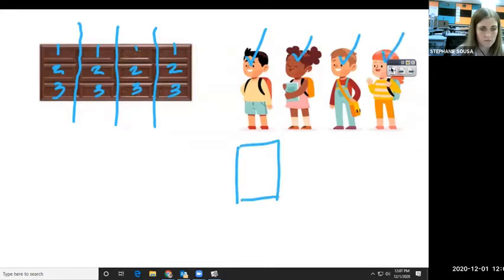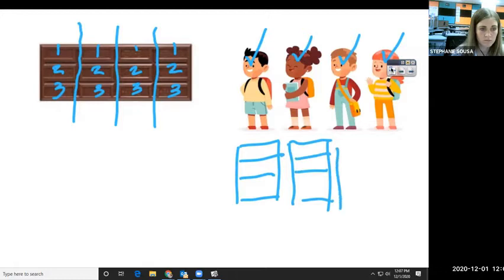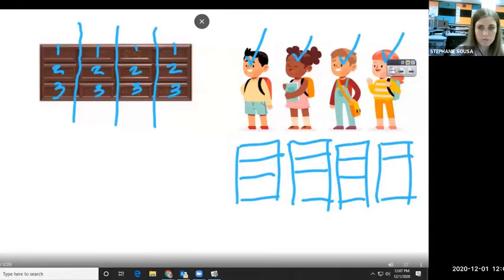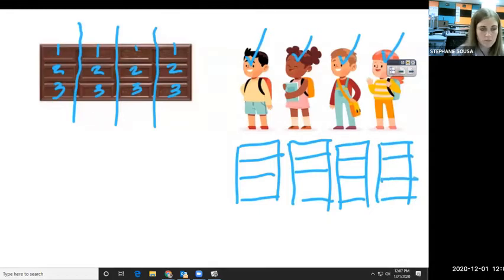So we take one candy bar, and instead of breaking off 1 piece, we're going to break off 3 pieces at a time to share, because it's a little simpler and easier to manage rather than breaking off 1 piece at a time.